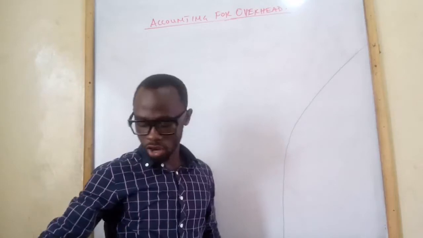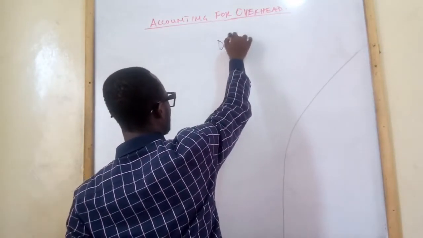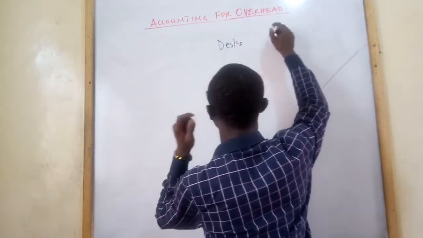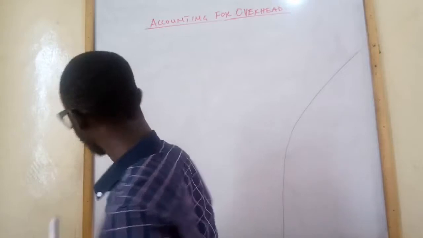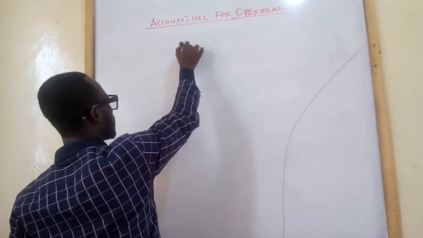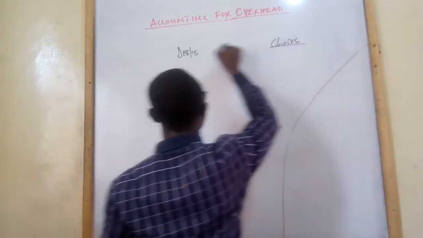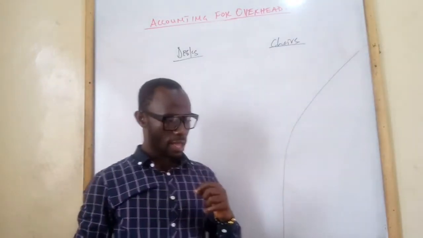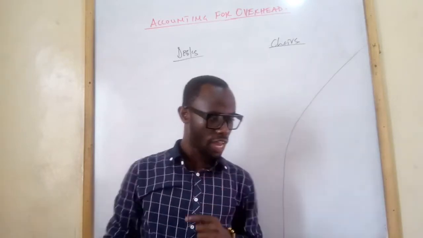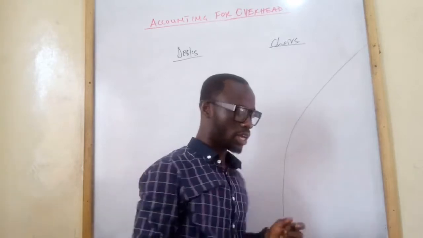So let's put chair on one side and let's put desks on the other side. Desks, chairs. We are told in the question that the per unit of desk is 3 kilograms of wood costing $4 per kilogram.